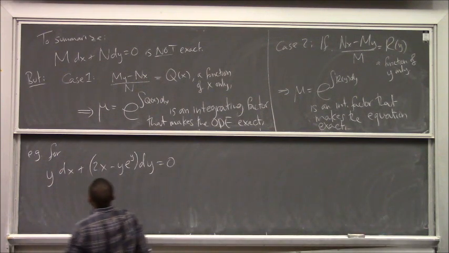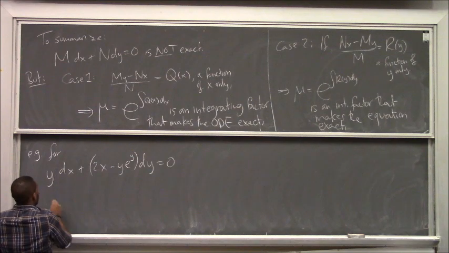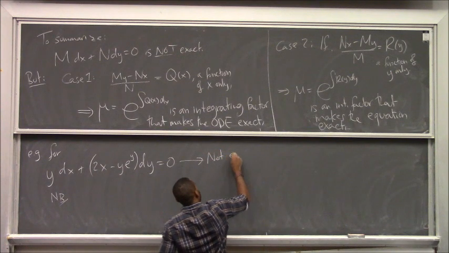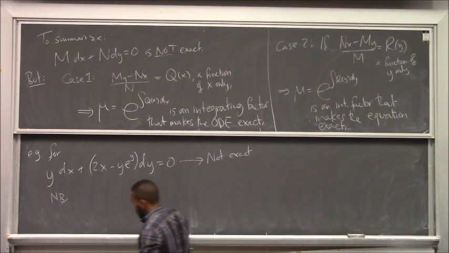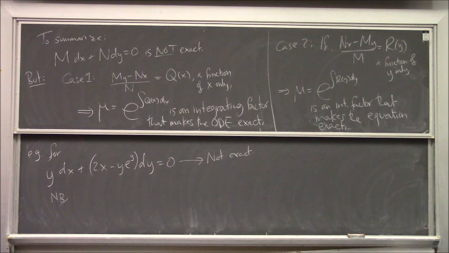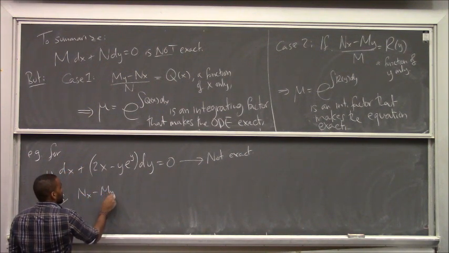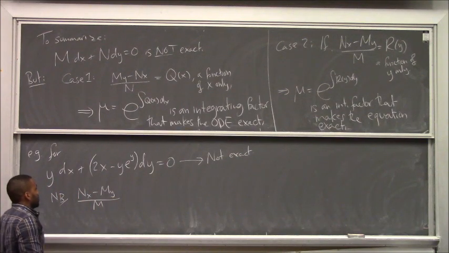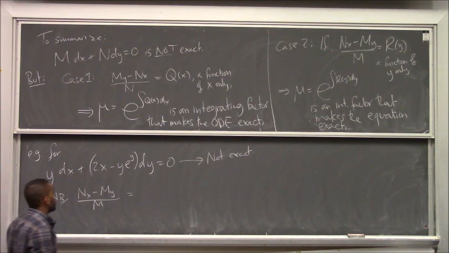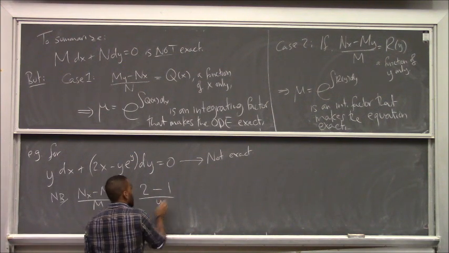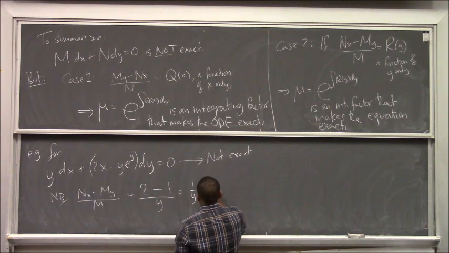We already knew that this was not exact. What I can note is if I look at that function, partial of N with respect to x minus partial of M with respect to y over M, what would I actually obtain here? Partial of N with respect to x is going to be 2, minus the partial of M with respect to y, which is 1, divided by M, so that's y. This is just 1 over y, a function of y only.